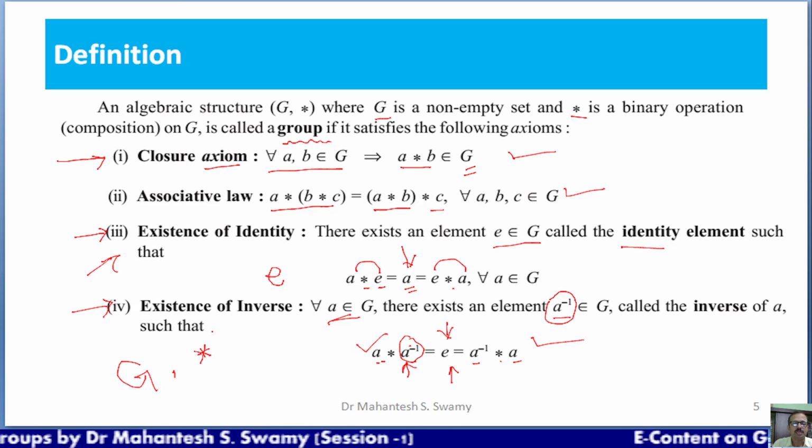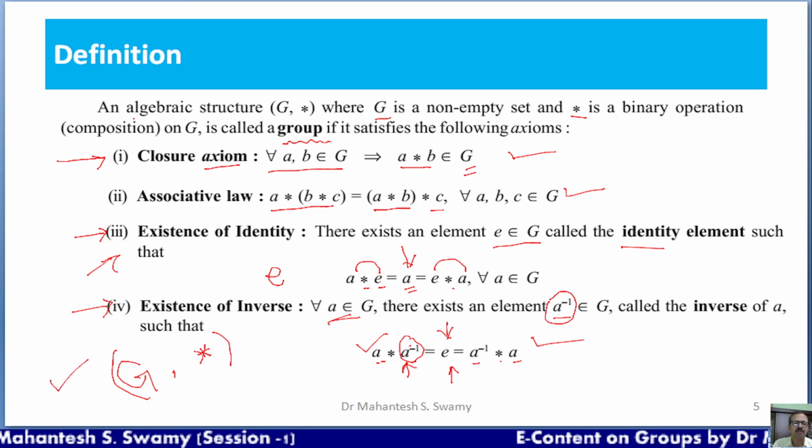This ordered pair (G, star), we read as the group (G, star), and this is a very basic fundamental algebraic structure which we have considered today in our journey of modern algebra.